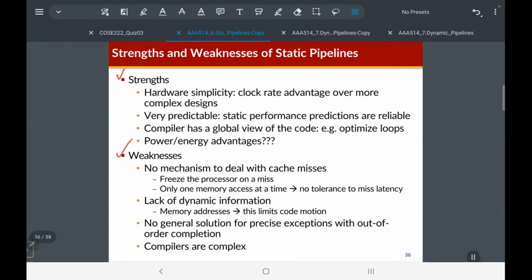A static pipeline processor can execute instructions in order. So the hardware does not consider the reordering of the instructions, which means the hardware is very simple. If the hardware structure is simple, this hardware will consume less power.